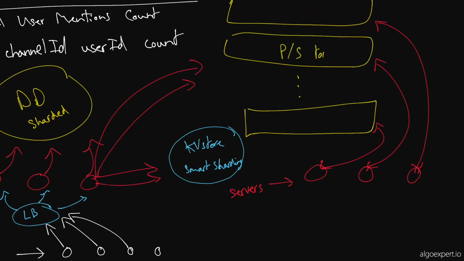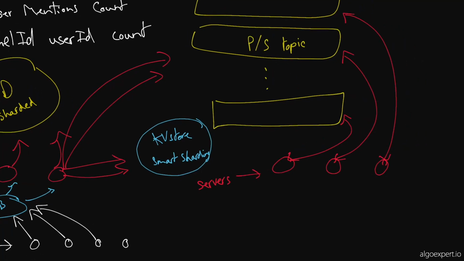By the way, I'll just put PS topic here. And then here we need one API server or one cluster of API servers to subscribe to each topic, right? And then these clients, so if this API server is subscribing to, let's say, this PubSub topic is Algo Expert. I'll put AE.